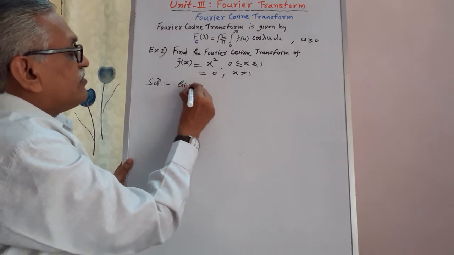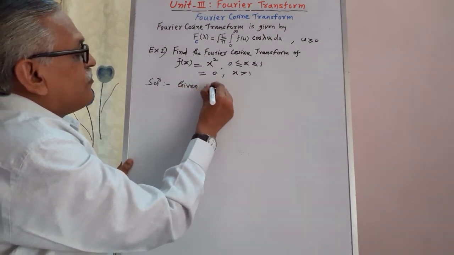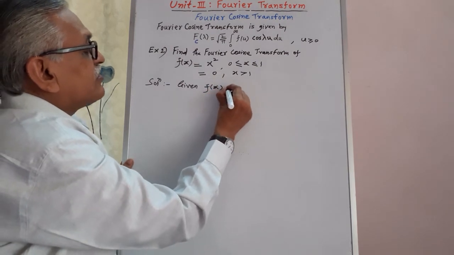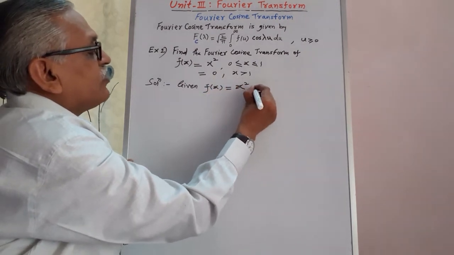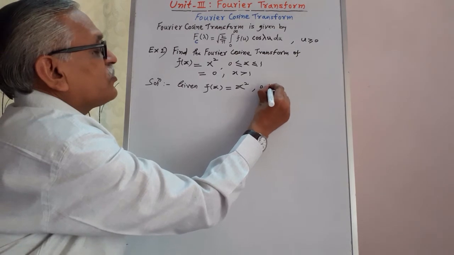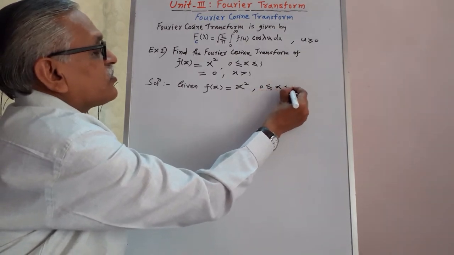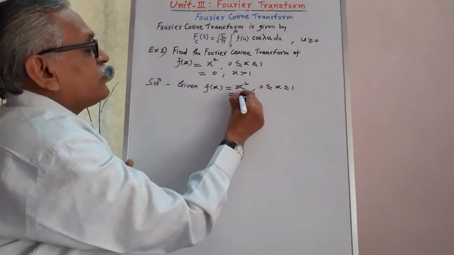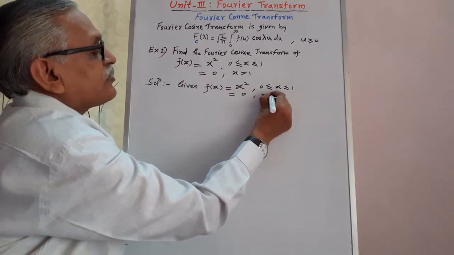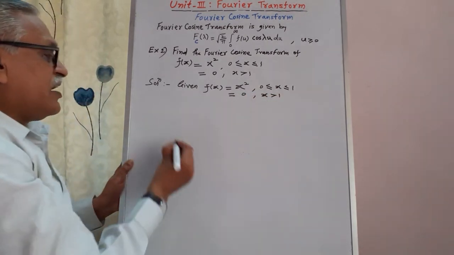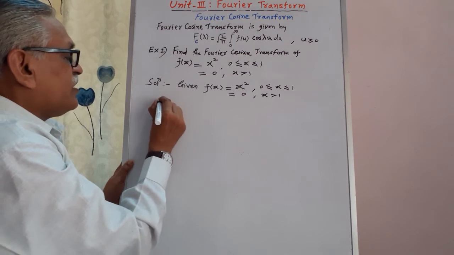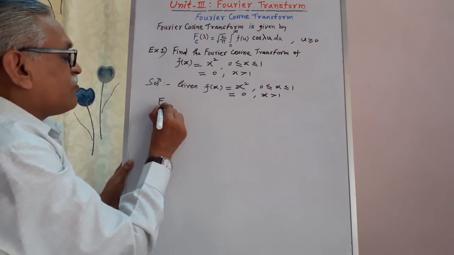Given f of x as first value x square, condition 0 less than or equal to x less than or equal to 1, second value is 0 for x greater than 1, and we require to find the Fourier cosine transform.